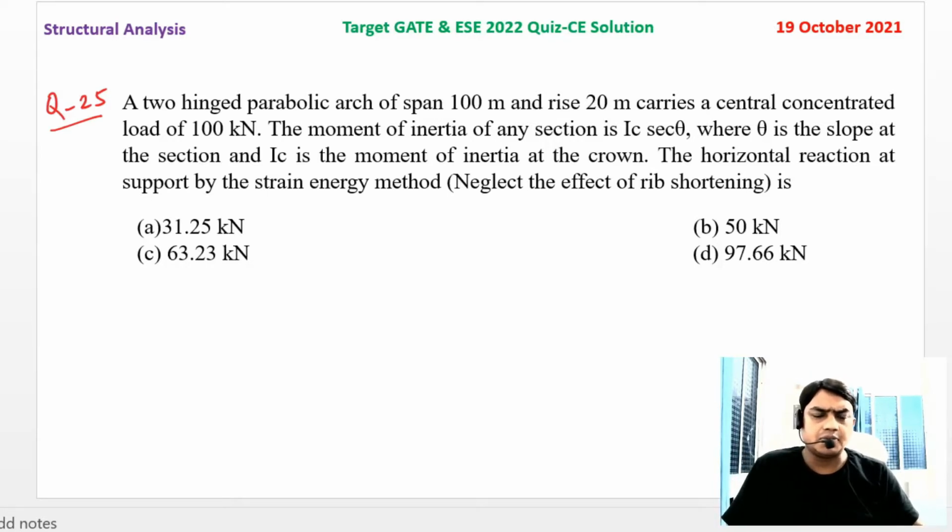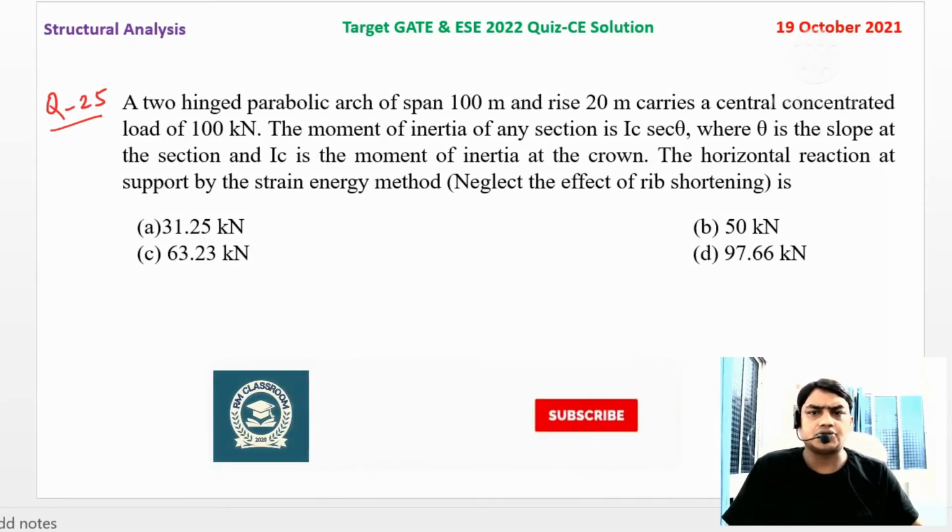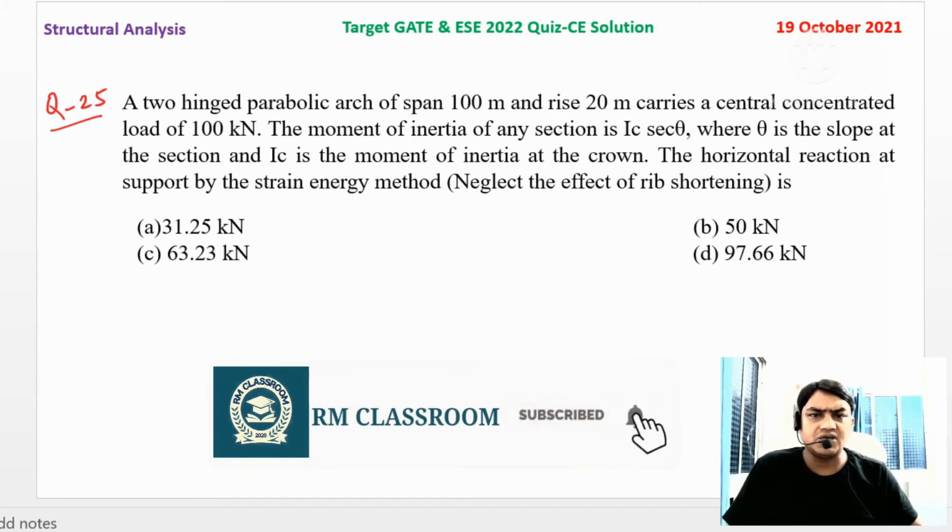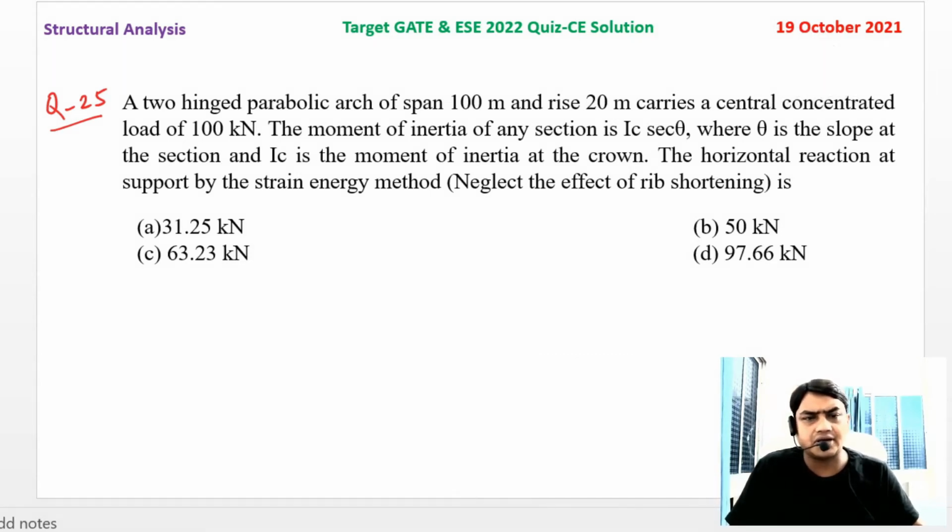So yesterday I uploaded a question related to structural analysis. The question was: a two-hinge parabolic arch of span 100 meter and rise 20 meter carries a central concentrated load of 100 kN. The moment of inertia of any section is Ic sec theta, where theta is the slope at the section and Ic is the moment of inertia at the crown.